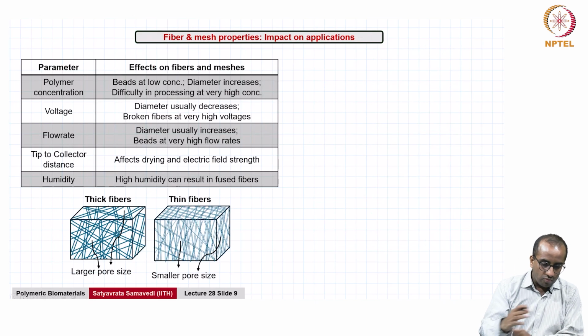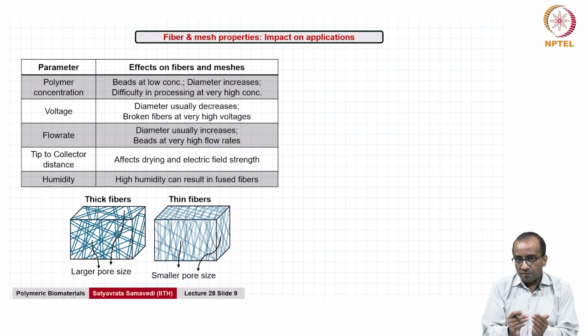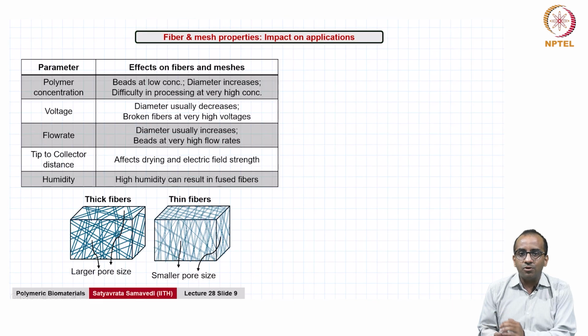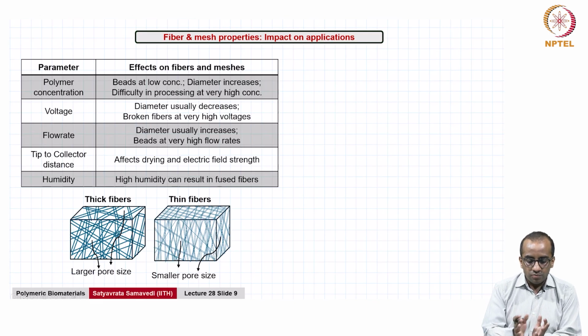Now, we move on from the electrospinning process itself to what happens on the collector and how we are going to use those fibers, because ultimately we want to be able to connect biomaterial processing to the resultant scaffolds that form and how they can be used in biomedical applications, right. So shown here again is a snapshot of how the different parameters that we have earlier looked at directly affect the fiber and the mesh properties.